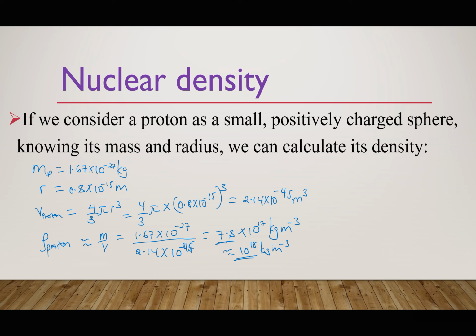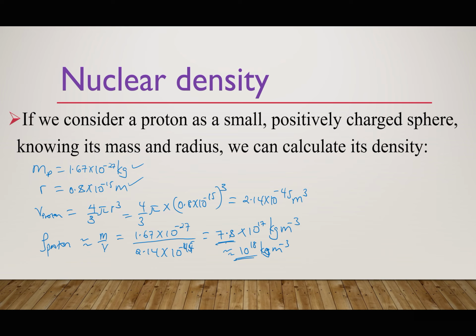Most of the mass is concentrated in the nucleus of the atom, because the proton is extremely dense, as shown by this calculation. From the estimates of the mass of the proton and the approximate radius of the proton, we find that the density of the proton is roughly 10 to the power of 18 kilograms per meter cubed.